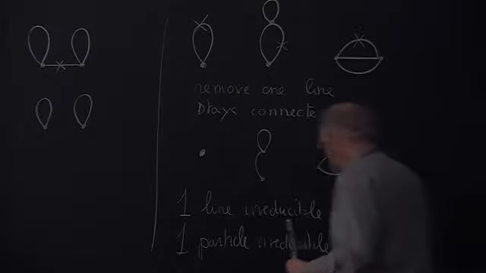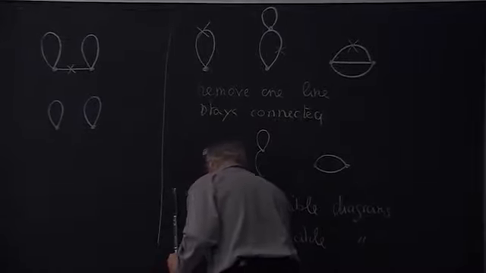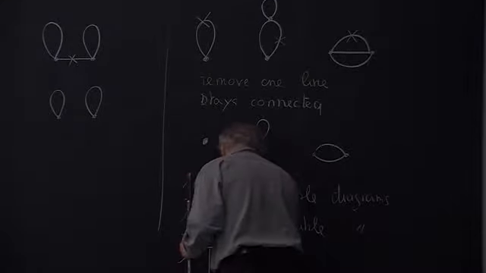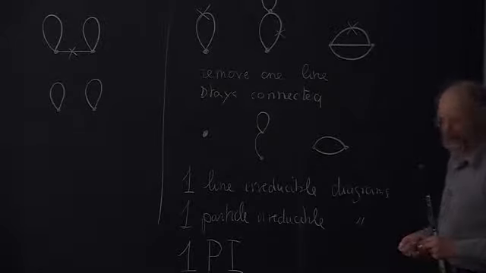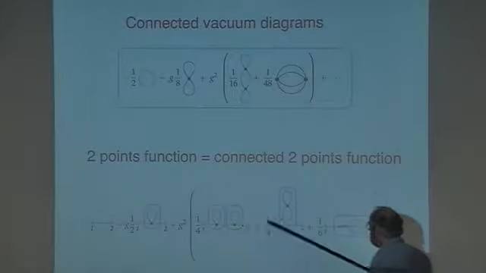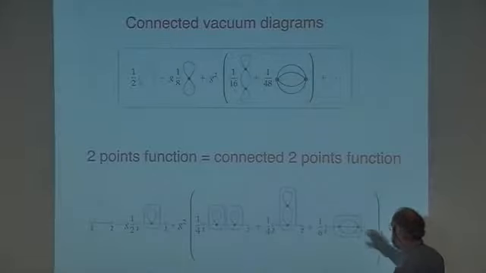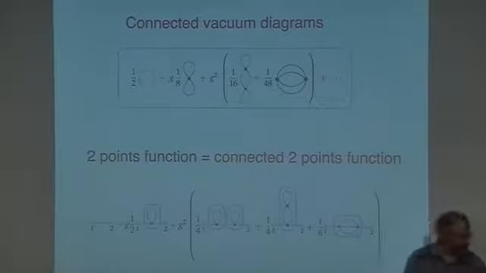And so often you find the acronym 1PI for one particle irreducible. And you see on this example that this function is made out of a line with propagators joining a string of one particle irreducible parts.